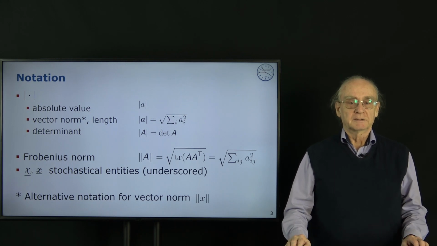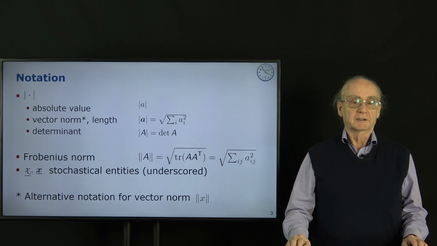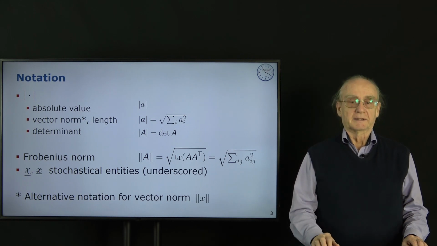The determinant also with one bar, and then the Frobenius norm of a matrix, which is the square root of the sum of the squared elements of the matrix. And if we talk about stochastic entities, I use the Dutch notation, which underscores the entities. So if you have an uncertain point, it's a calligraphic x with an underline, or if you have a vector which is uncertain, then you underline it.